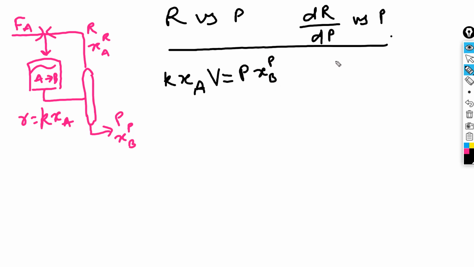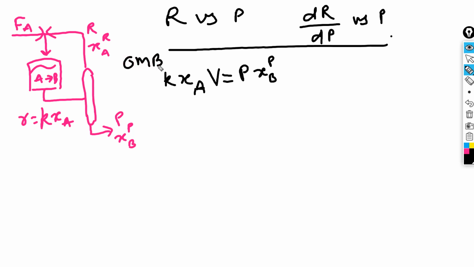So the left hand side is the generation rate of B in the reactor, and the right hand side is the amount of B being withdrawn from the process. No B is entering in the fresh feed, so we are assuming that the fresh A is pure A for the time being. That's number one. So this is the overall material balance.